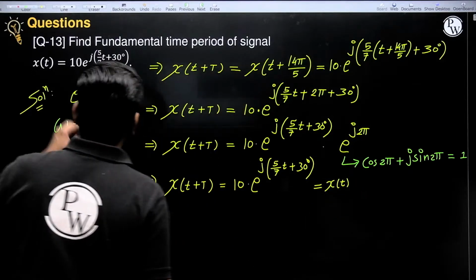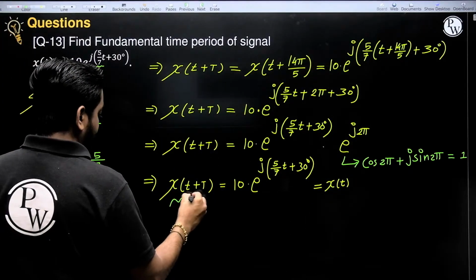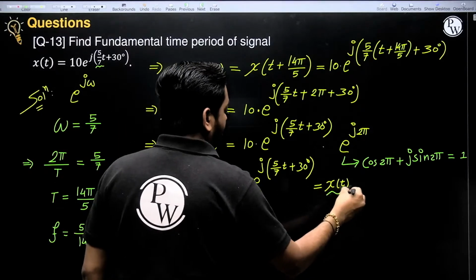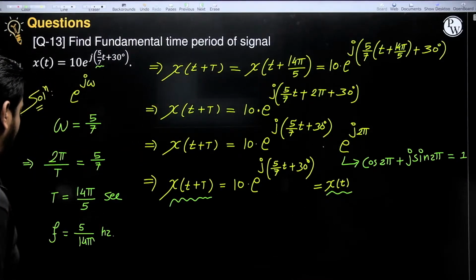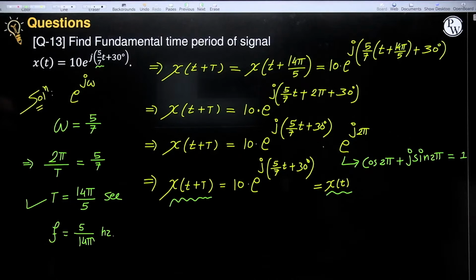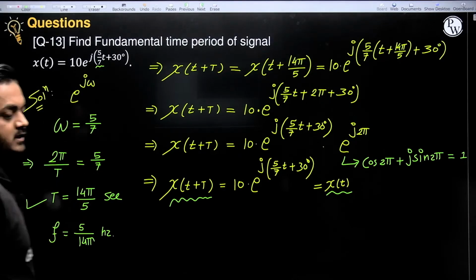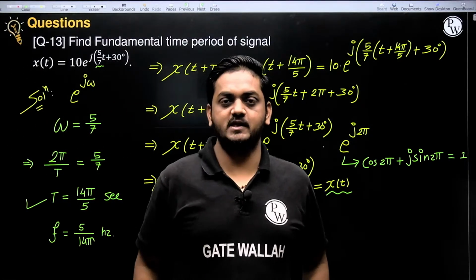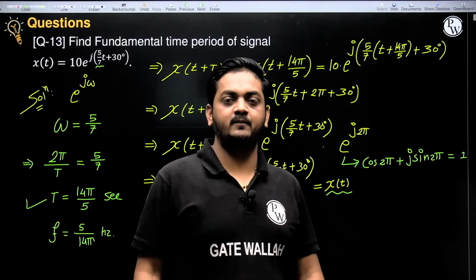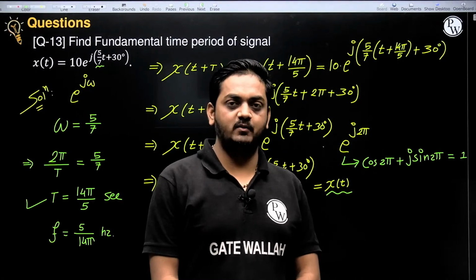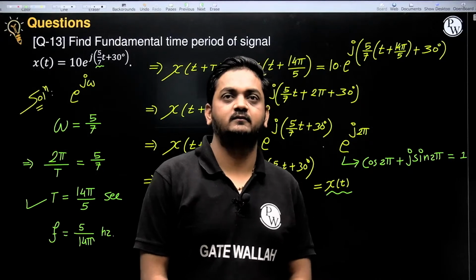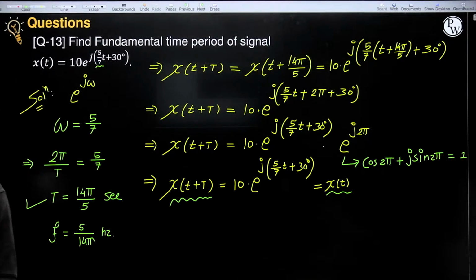So we got x of t plus capital T equal to x of t. So we can say x of t is periodic, and the fundamental time period capital T is equal to 14 pi by 5. In this way we can cross verify our answer. Each and every one, tell me in the comment box, is this clear or not? Fine.